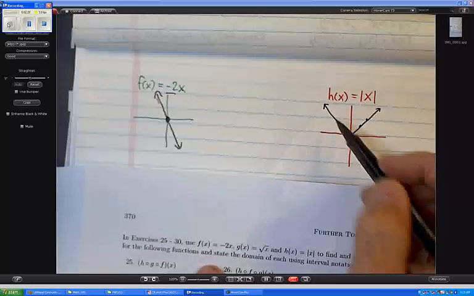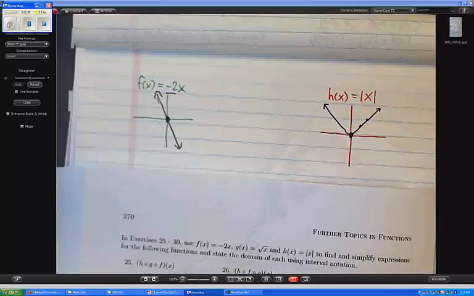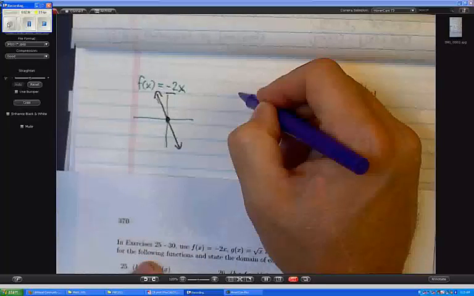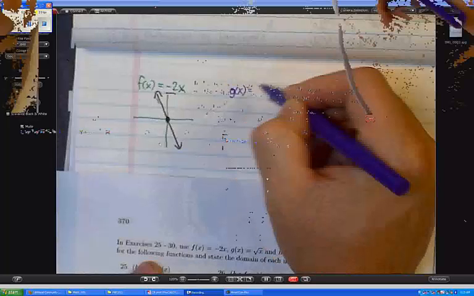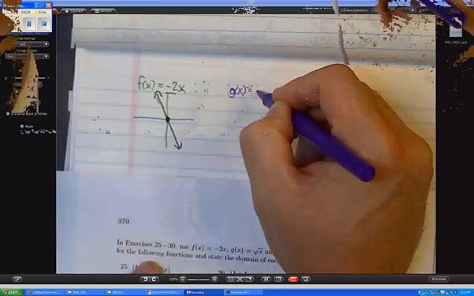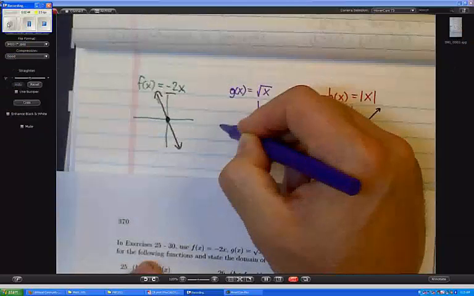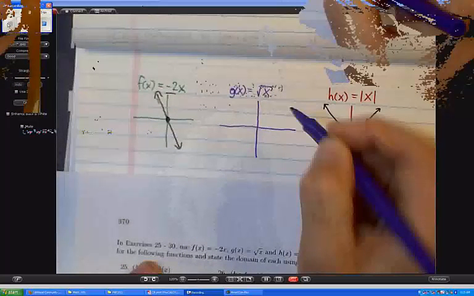The one that you may not be familiar with is this g of x, the square root of x. That's an important class of functions. There's a whole chapter on this kind of function, all about square roots.